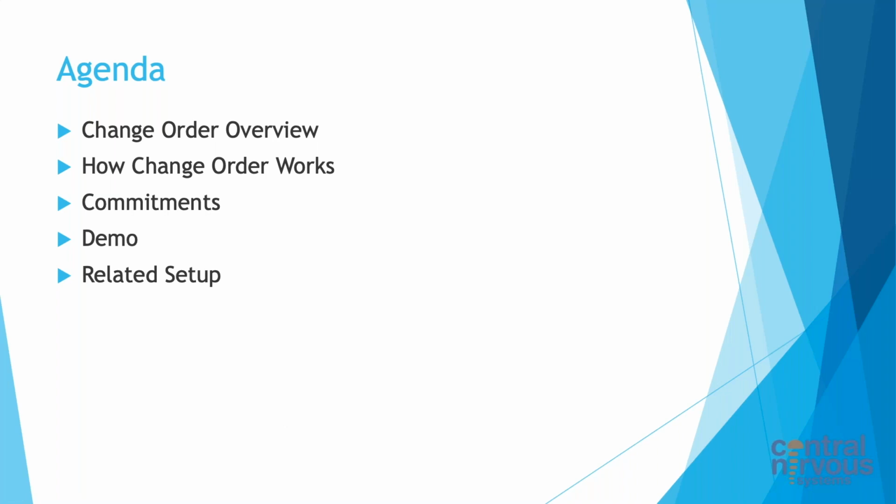We're going to talk about the overview of change orders and how change orders work. We're going to talk about commitments and how those are pulled into Acumatica on the project side. We're going to do a demo, look at it in Acumatica, and then talk about some related setup pieces that we would need in order for this to work.